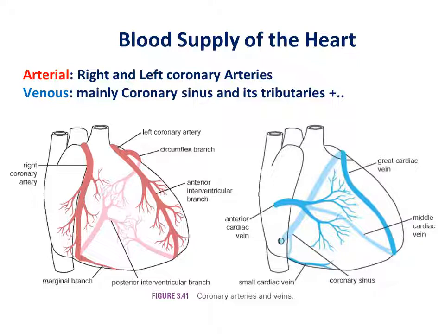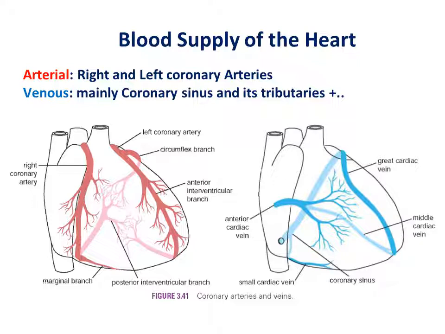The coronary sinus has most of the tributaries of the venous drainage of the heart, apart from a small venous drainage from the atria itself, or to the right atrium directly. Let us have those two diagrams illustrating both the arterial to the left and the venous to the right.